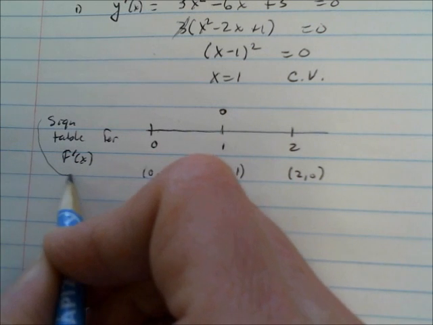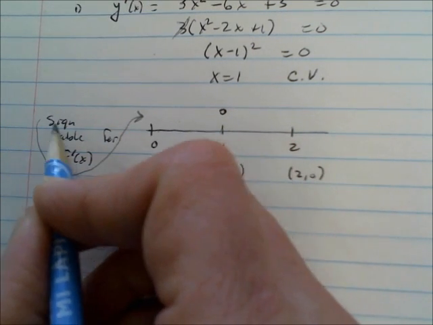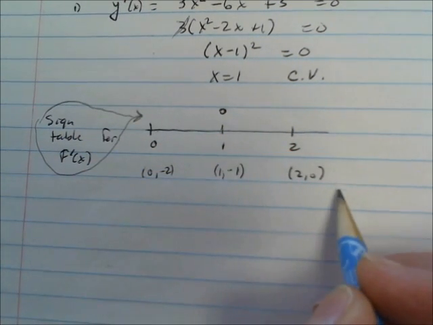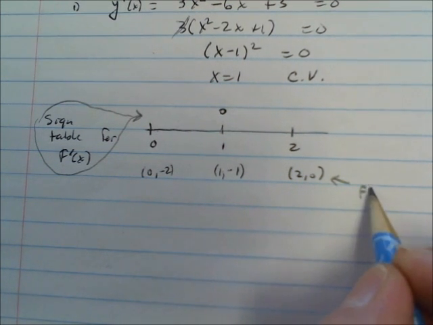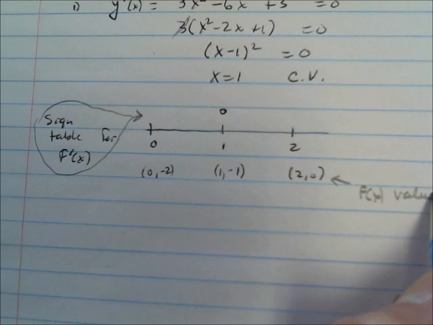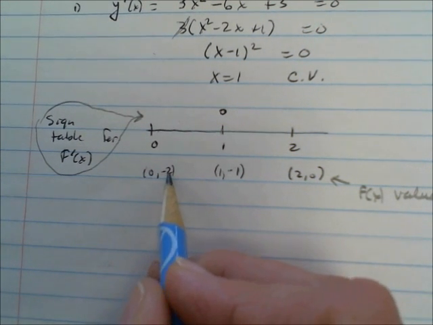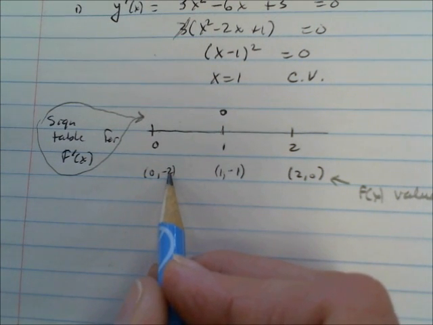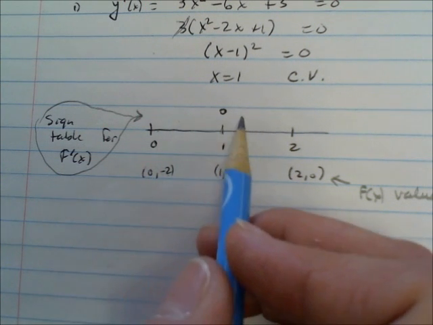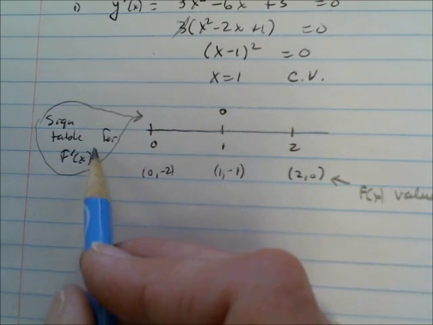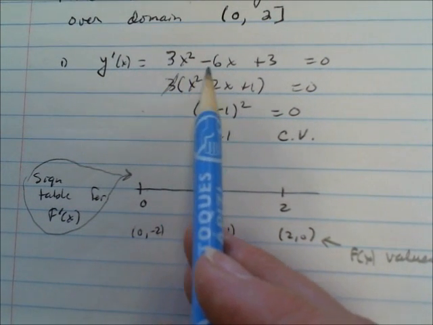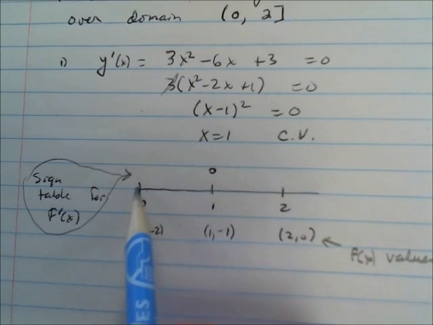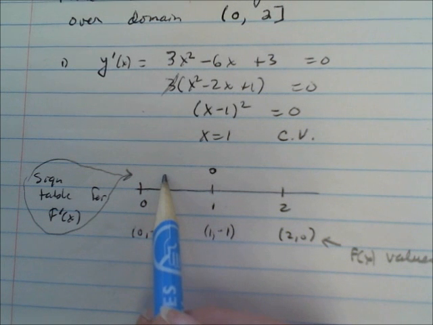And remember, this right here is the sign table for the derivative. What I calculated here were the actual f of x values. So when x equals 0, f of x is equal to this number, -2. But right up here, the sign table for the derivative means that I'm going to go back up to the derivative here, this 3x squared minus 6x plus 3, and I'm going to calculate whether this is positive or negative.